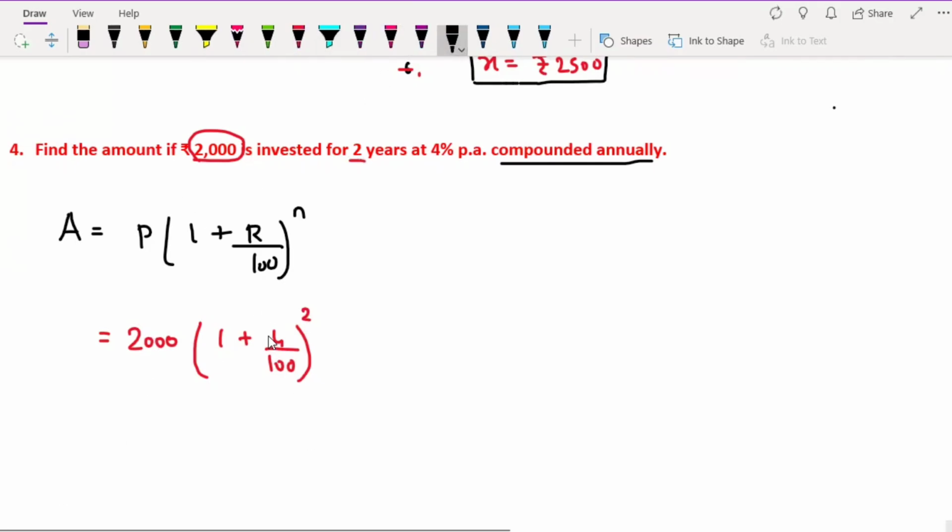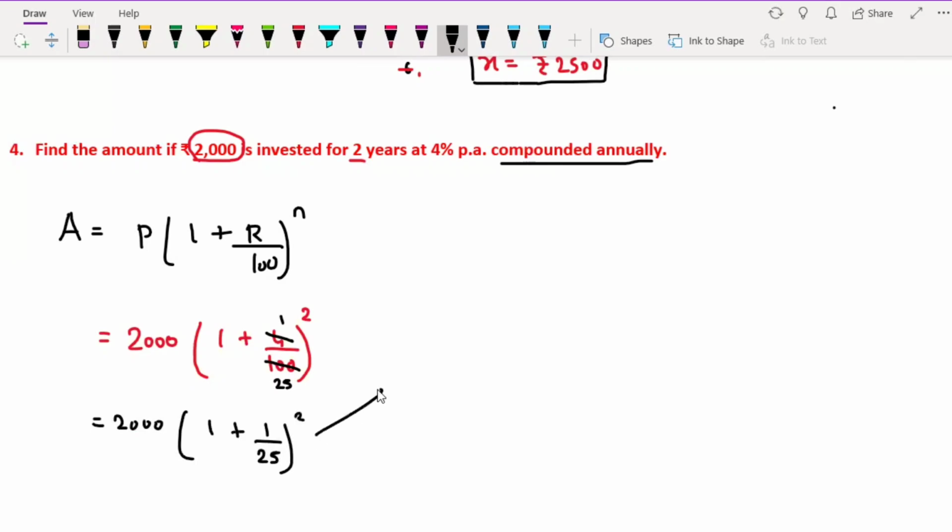Okay, let us do a bit of the calculation part. We know it very well, that is 4 ones are 4 and 4 25s are 100. So amount is equal to 2000 of 1 plus 1 by 25 whole square. Let us take out the LCM.